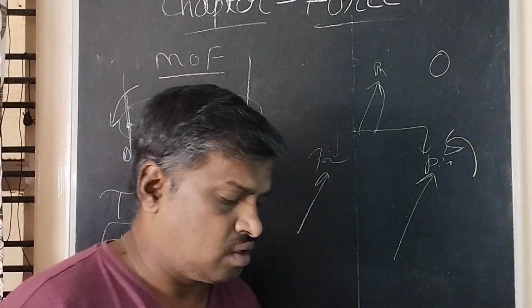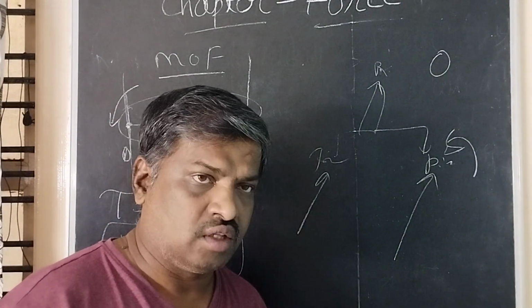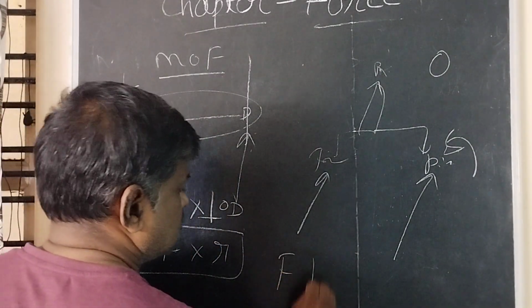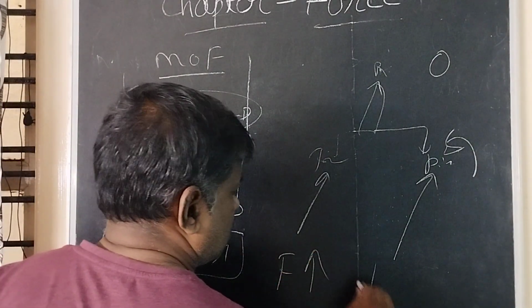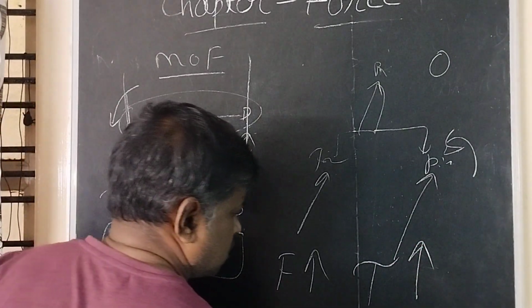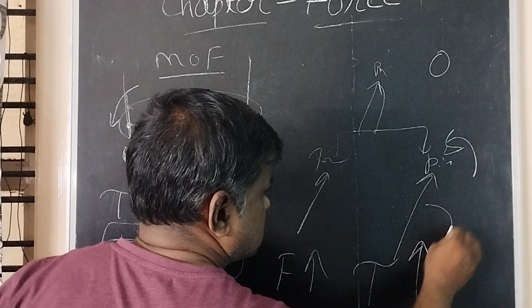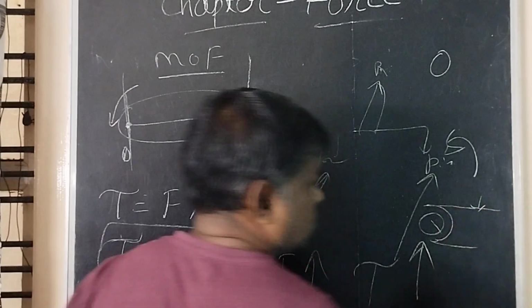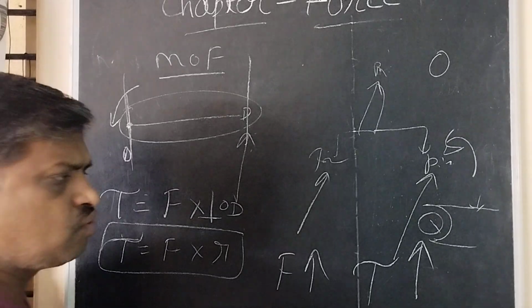Next topic is the factors affecting torque. One is the magnitude of the force. If force increases, torque also increases. And distance: if distance increases, torque also increases. For example, take a spanner when we are opening a nut. Near the nut we have to apply more force.